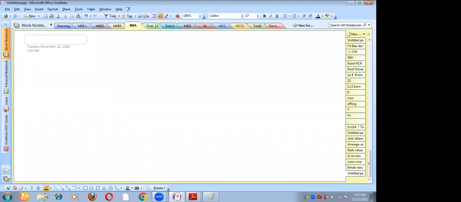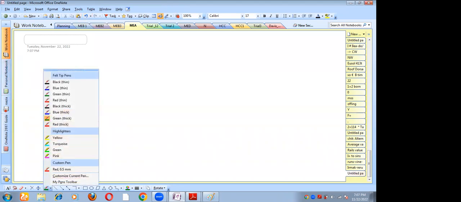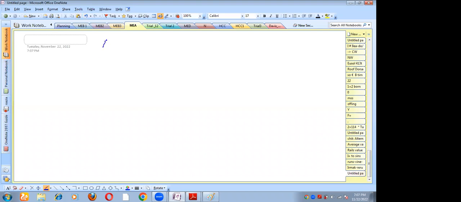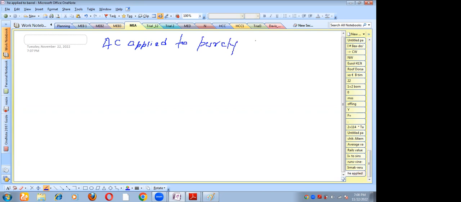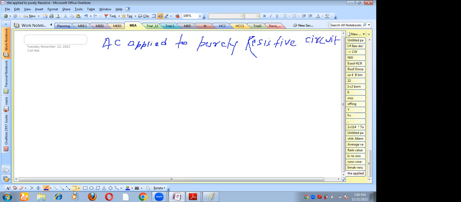So let us see. First, AC applied to a purely resistive circuit. First we will see that.